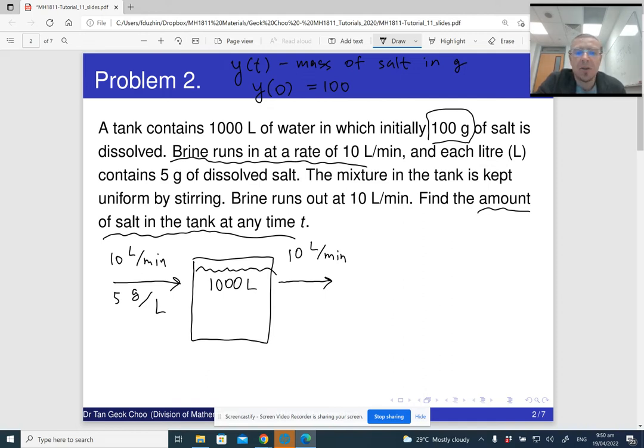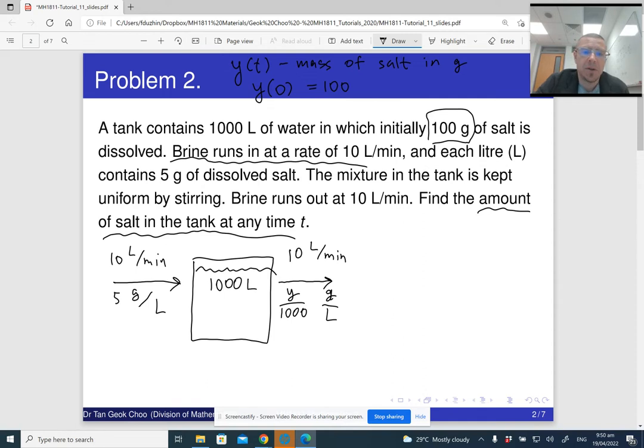So what is the concentration of salt in the outflow? Since the mixture is kept uniform by stirring, the concentration of salt is the mass of salt divided by the volume, and the volume is not changing. So the concentration is y over 1000. Y is measured in grams, and 1000 is 1000 liters.